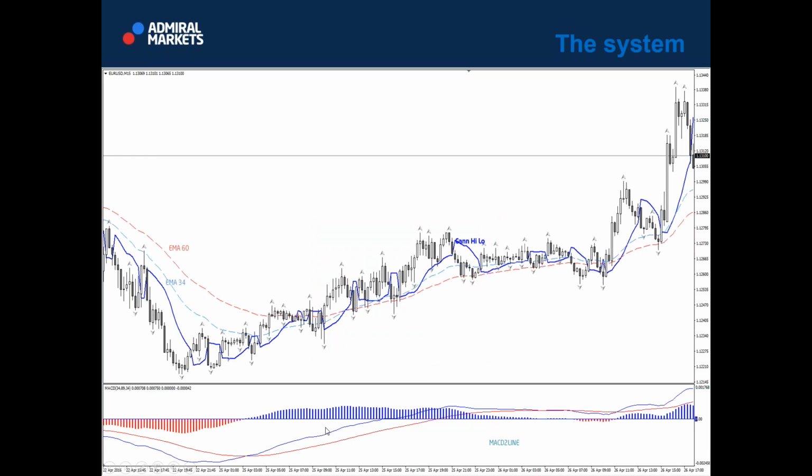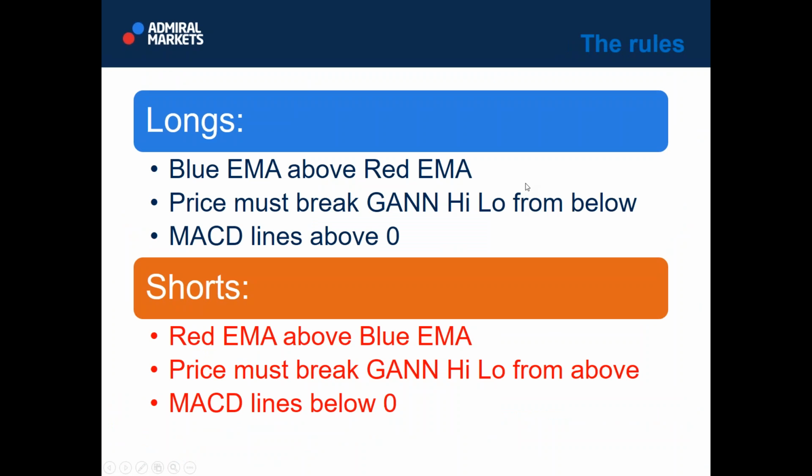The momentum will be signaled by these two lines. That is why we cannot use the standard MACD indicator, because we need both lines to be present. So this is the MACD 2-line indicator. Okay, these are the rules. For long trades, blue EMA should be above red EMA. Okay?